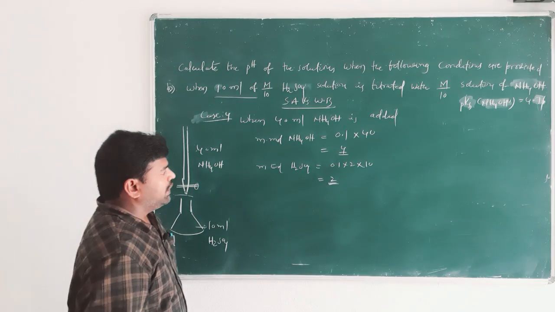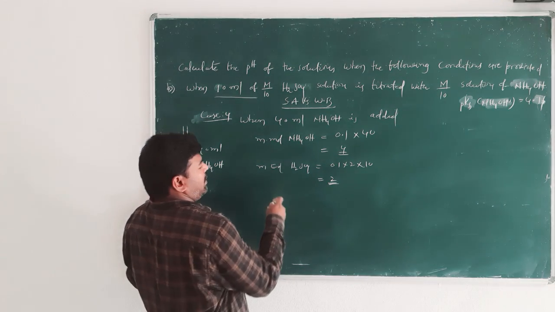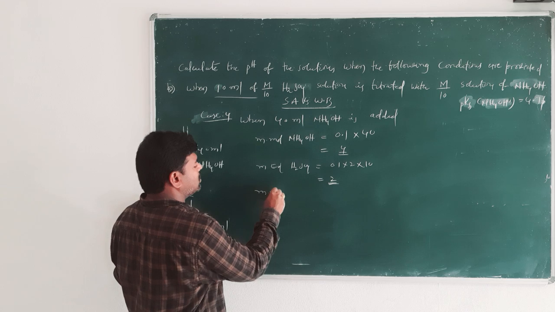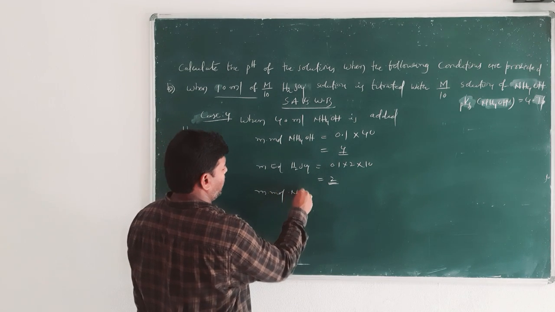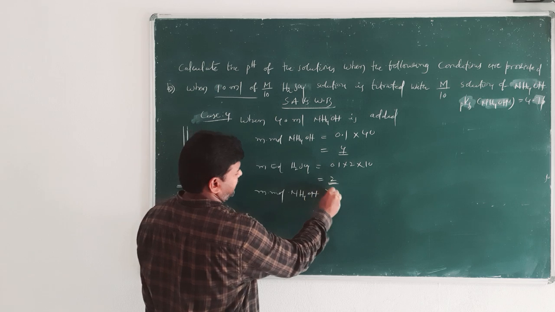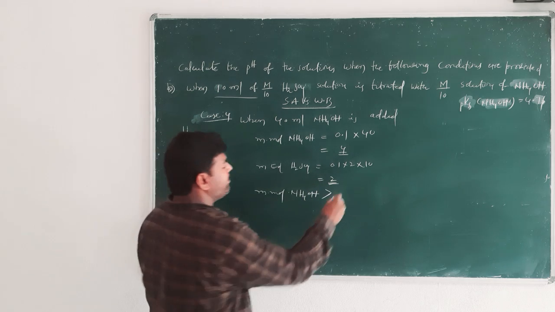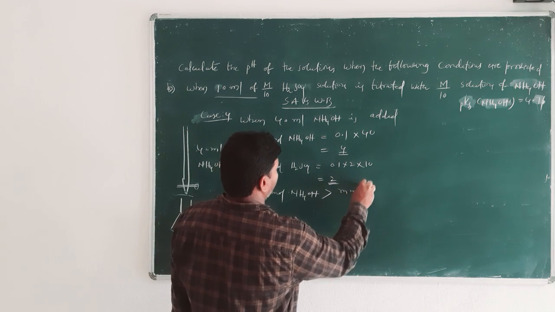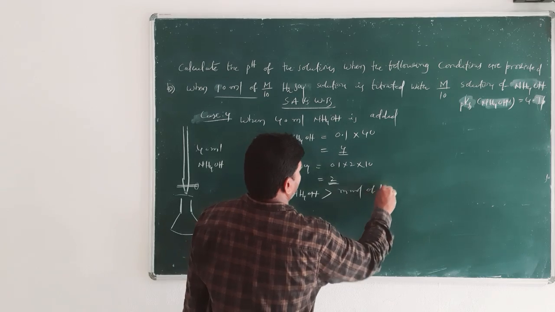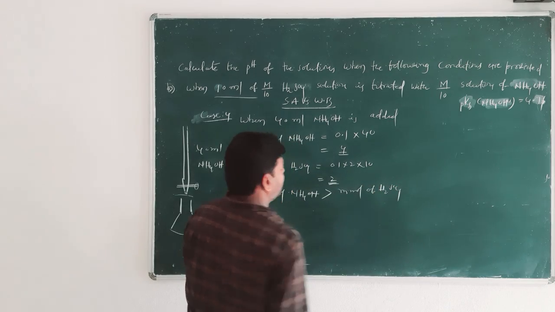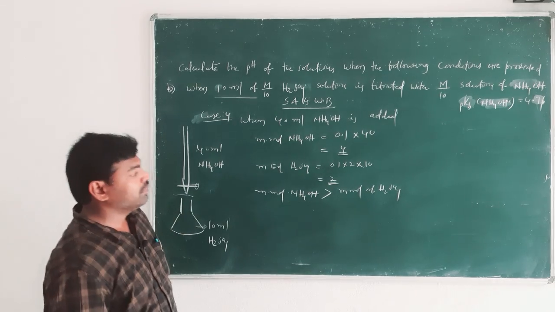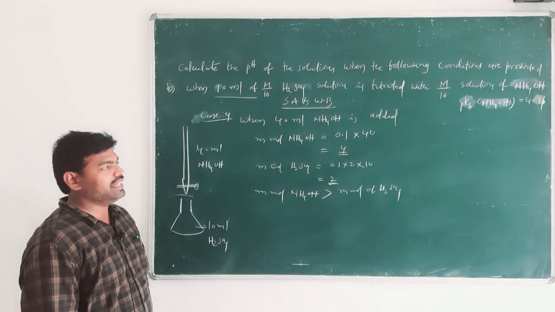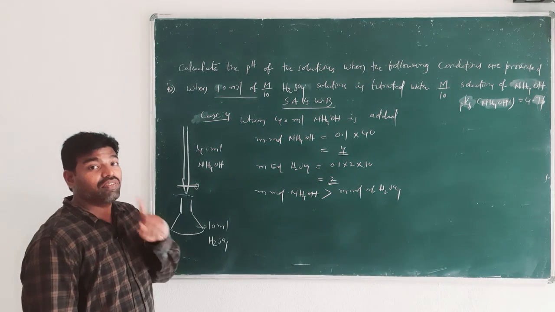So, here the millimoles of base NH4OH, which is 4, is greater than milliequivalents of H2SO4, which is 2. In this case a basic buffer is formed.